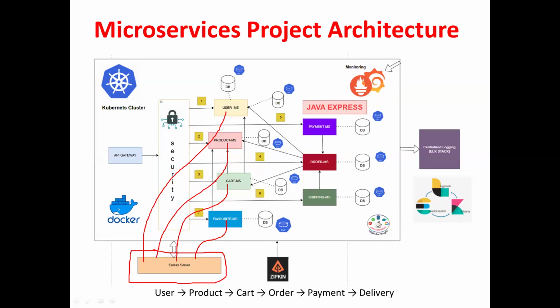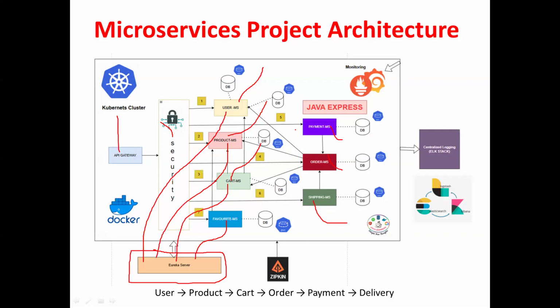Whenever they register, each one is a Eureka client: product, cart MS, security, API gateway, payment MS, order MS, shipping MS. All services become Eureka clients for your Eureka server. These are called registered microservices.